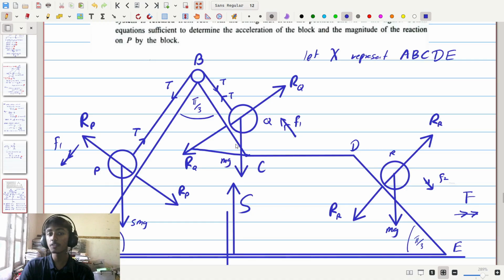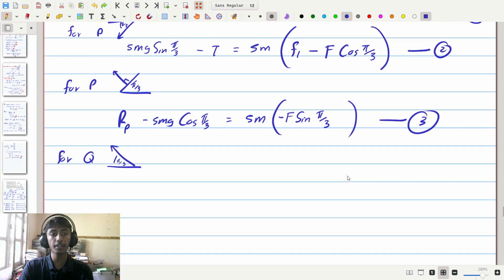Since this angle here is pi by 3, this is going to be minus mg times the sine of pi by 3. And this force is not relevant, RQ is perpendicular, but we have an acceleration of F1, which we're going to consider later, and also the acceleration of F's component in this direction. So going down, if we write all of that down, we have a positive tension component, so plus T, minus mg times the sine of pi by 3, and that's all the forces that are relevant.